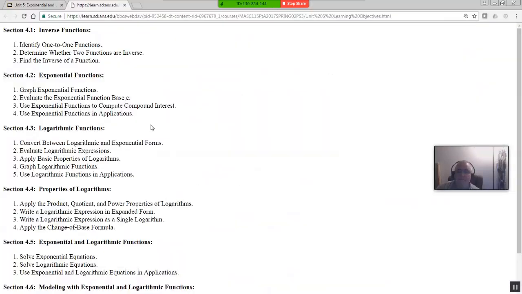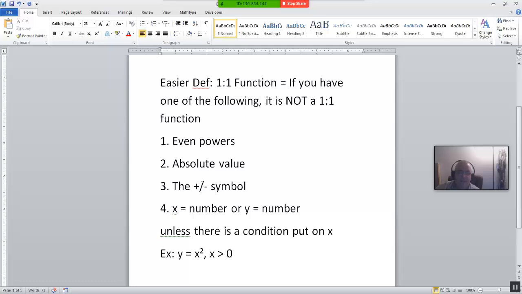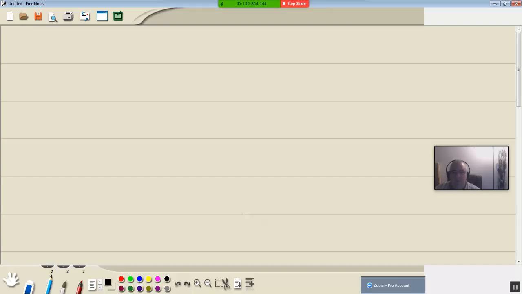Now identifying one-to-one functions. What they're referring to there is if you have anything that has one of these items, it's not a one-to-one function. For example, if the instructions were to determine if this is a one-to-one function, if we had x squared plus y squared is equal to 7, the fact that it has even powers means that no, this is not a one-to-one function.